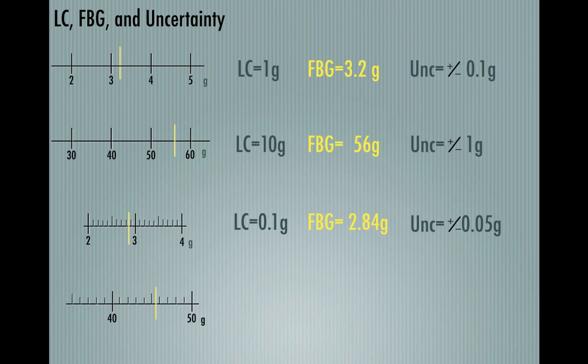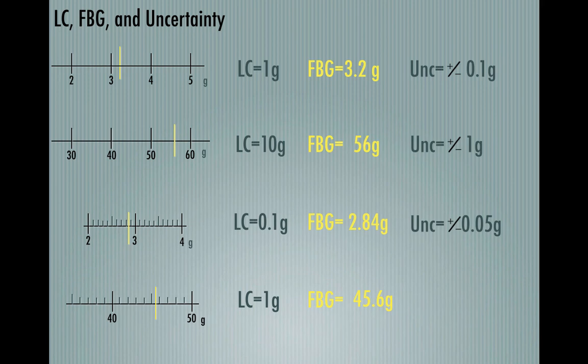All right, one more. In this case, what do you get the least count to be? 1 gram. That's what I got. Okay, great. So it's between 45 and 46. So I'm going to say it's 45 something. I say 45.6.